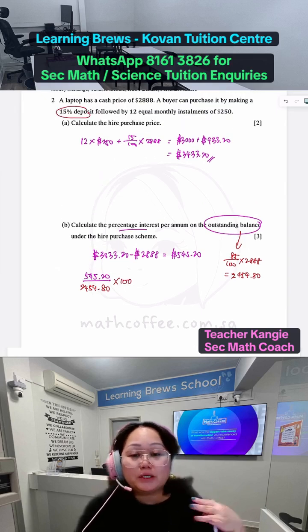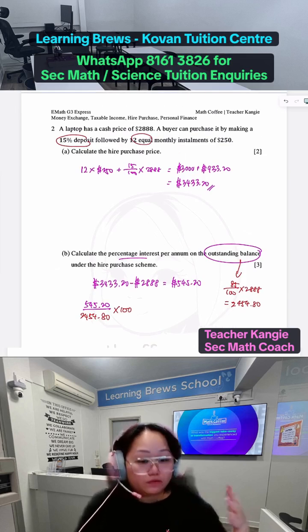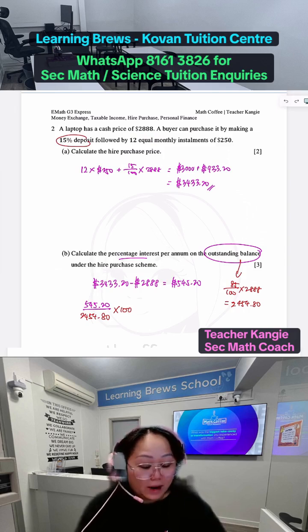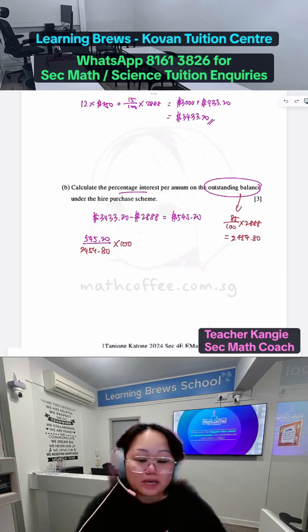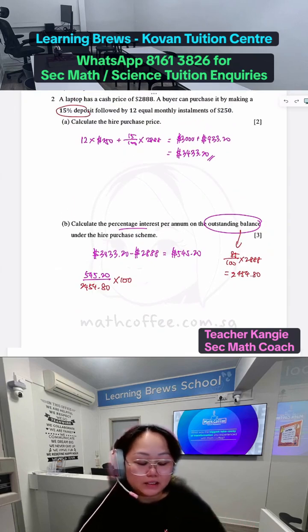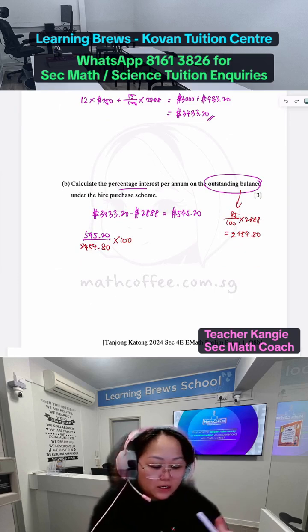In this situation, I also don't have to divide by how many years, because they say it's 12 equal monthly installments. 12 months means it's just 1 year. If it's more years, then you have to divide by the number of years. In this case it's only 1 year, so I don't have to do anything.